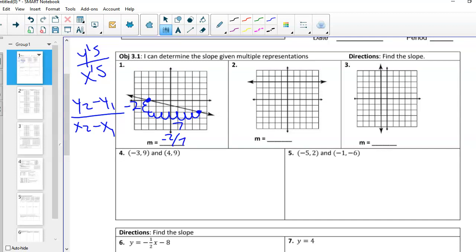If you were going the other way, same thing, except you'd be going up 2 and left 7, which would still make it -2/7. Remember that down and left are both negative, up and right are both positive. Thinking about that now, my right and your right are 2 different rights.